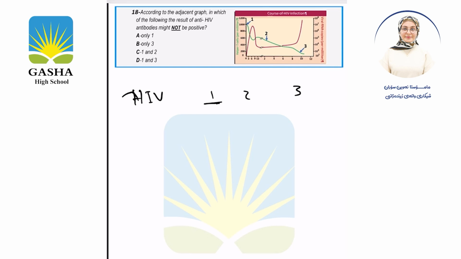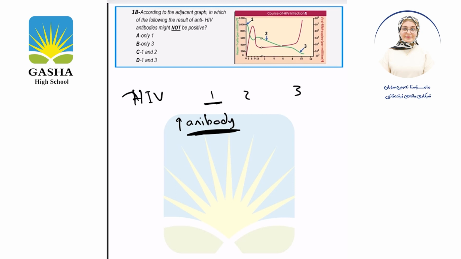In the first phase, the number of antibody against HIV is not enough to detect it in a test. That's why if the person does a blood test, the result may be a negative HIV test, because the number of antibody has not increased enough to a regular number that is detected in a test.